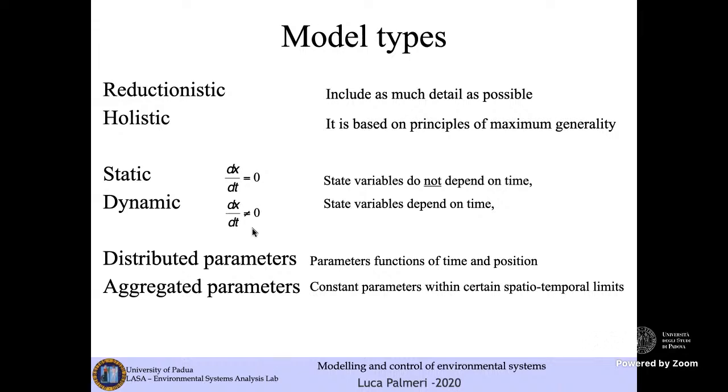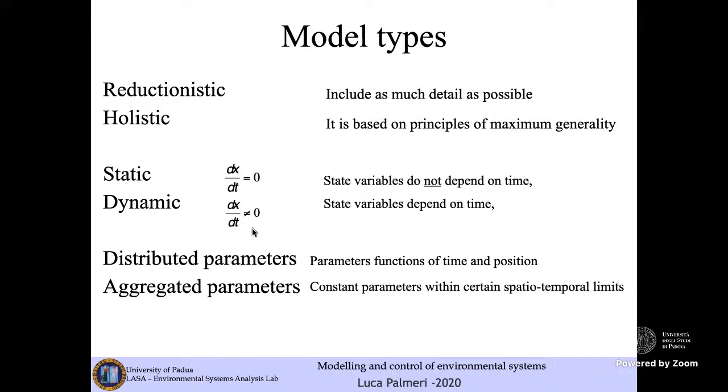In particular, a model may be reductionistic concerning some of the processes, while maybe holistic concerning some other indicators like goal functions. So, for example, we may look for a global indicator of the behavior of a system. Again, the temperature is a global indicator of the state of a system.